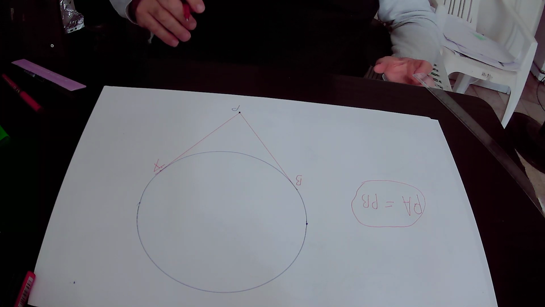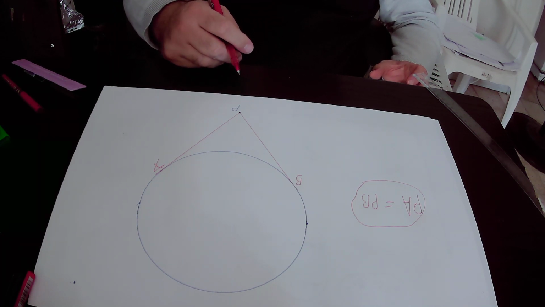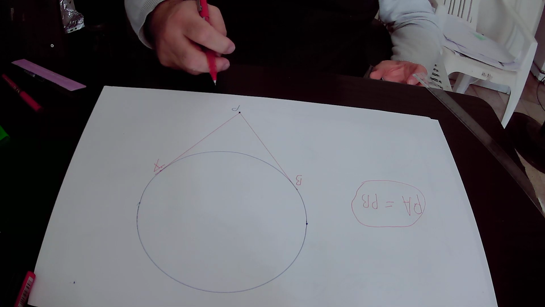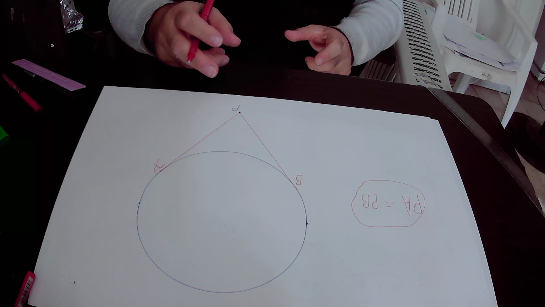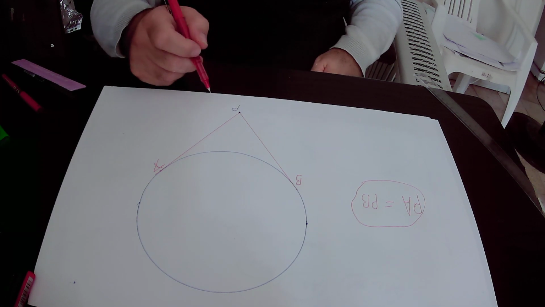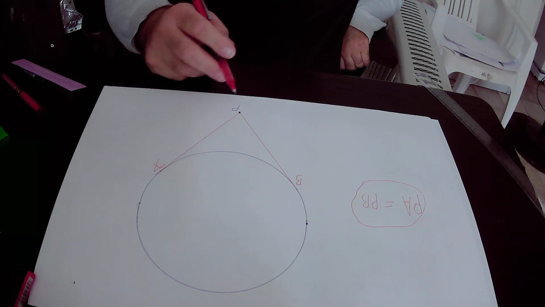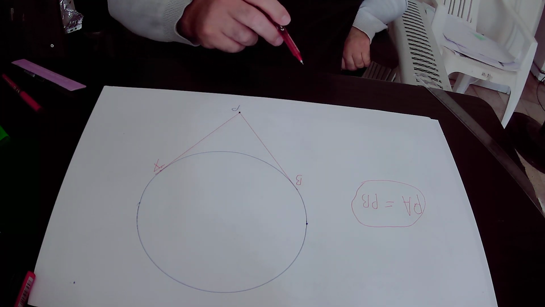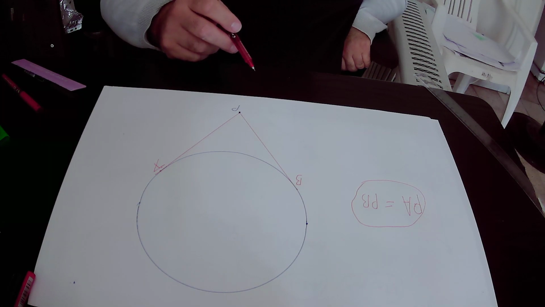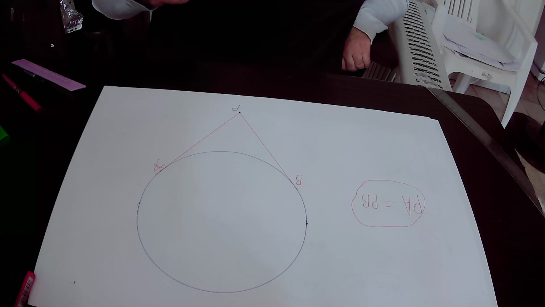Two tangents theorem states that whenever you draw from an external point to a circle two tangents to that circle, then the lengths of those two tangents will be equal to each other. So the length of the first tangent is PA, the length of the second tangent is PB, and the lengths are equal to each other. That is to say, PA is equal to PB.